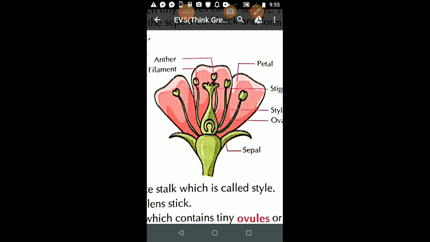What is self pollination? I have already explained, but I am explaining again. Now observe the picture of this flower. You will see this flower contains the male reproductive part and the female reproductive part also.